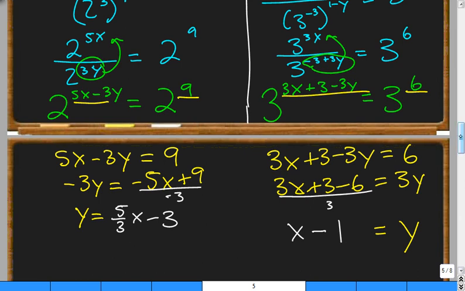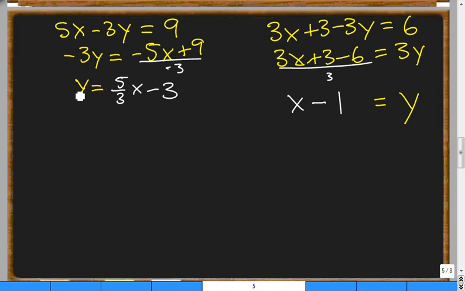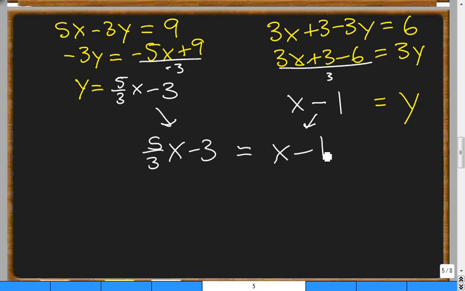And so from here, I've got y equals this and y equals that. Well, I can just go ahead and converge those things together and say 5/3 x minus 3 equals x minus 1. And I need to solve for x. I'm going to move this over. I'm going to move this over.